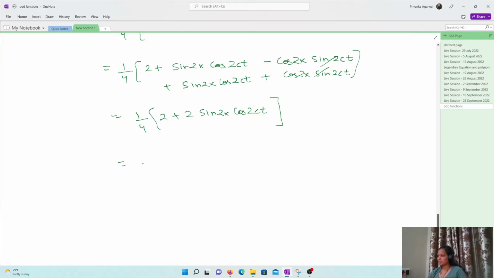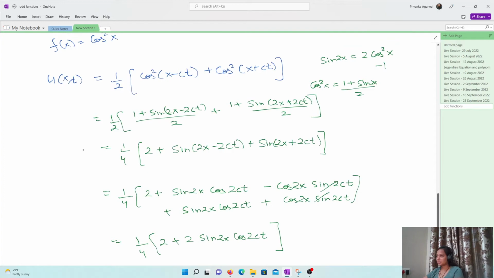So this becomes 1 by 2 [1 plus sin 2x cos 2ct], right? Then we can again simplify it because sin 2x can be written as 2 sin x cos x, and then cos 2x can also be written in sine form. But I guess we leave it at this point only because it can be solved again.